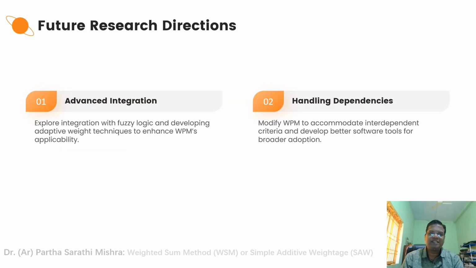Looking ahead, there are exciting opportunities to enhance WPM, including exploring integration with fuzzy logic, developing adaptive weight techniques, modifying WPM to better handle interdependent criteria, and developing improved software tools for broader adoption. These are some of the future research directions that can be helpful to us.